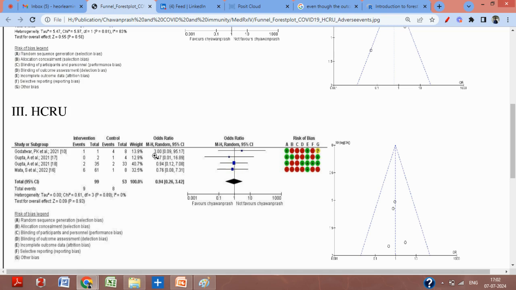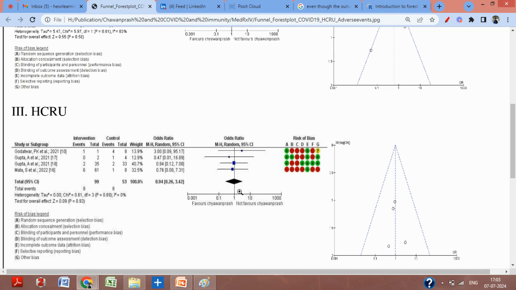The odds ratio comes up to be 3, whereas the confidence interval is from 0.09 to 95.17, which is non-significant. Similarly, for the SWOT study also, the odds ratio is 0.94, which ranges from 0.14, the lower confidence interval, till 7.08, the higher confidence interval. It is also non-significant.